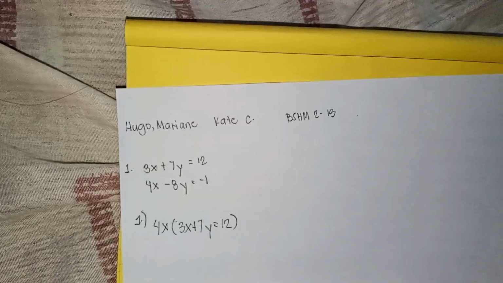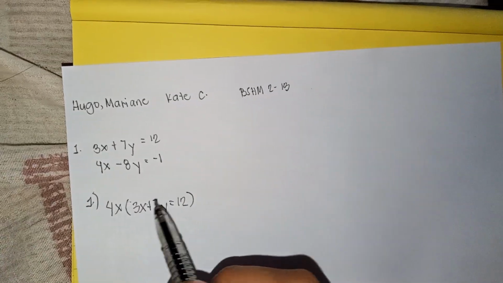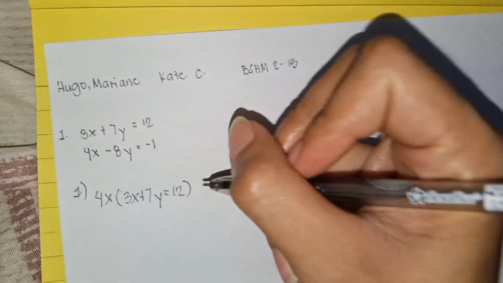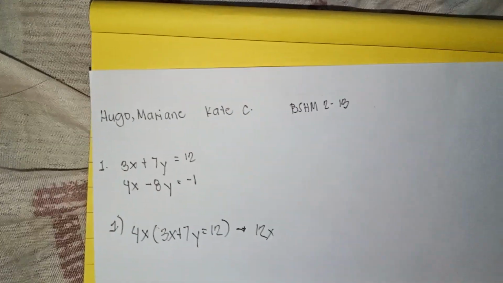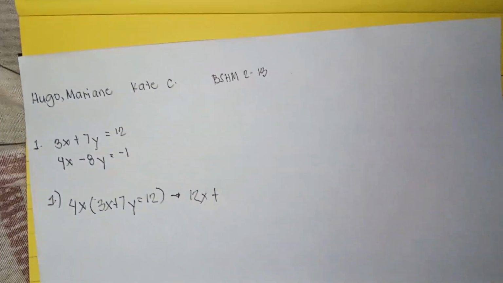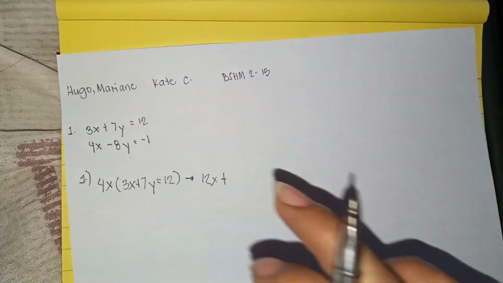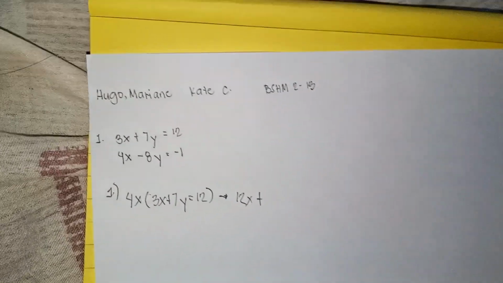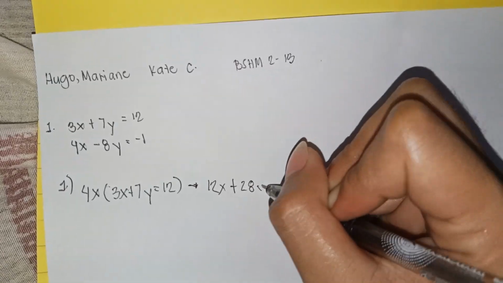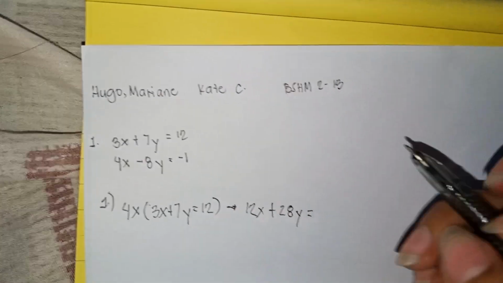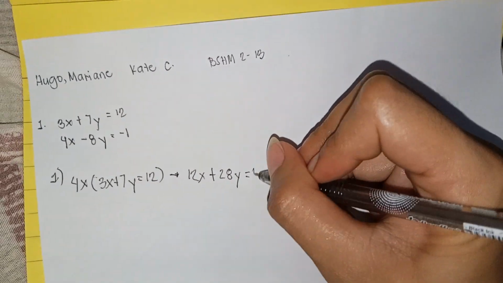So 4 times 3, we got here 12x plus 4 times 7 is 28y equals 12.